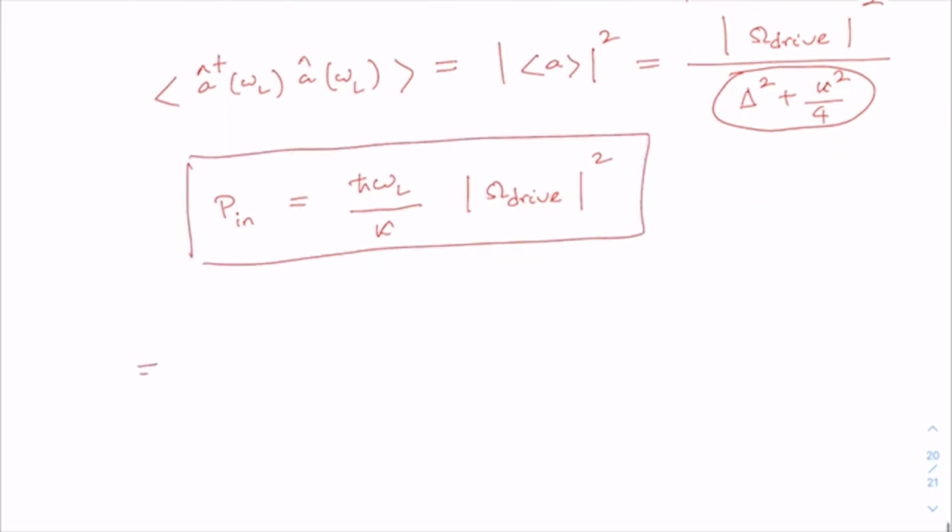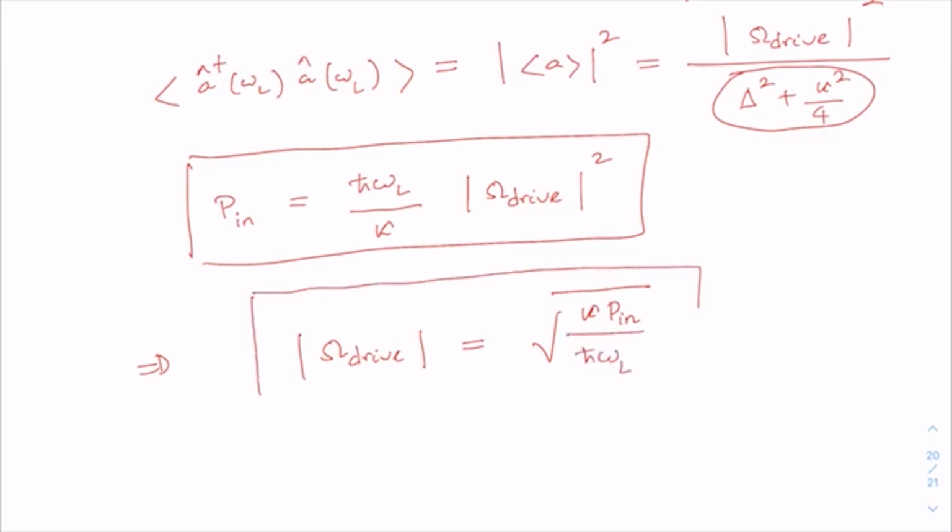From here we can write an expression for the laser drive amplitude. That would be mod of omega drive is equal to square root of kappa P in divided by h cross omega L. This is an expression which is worth remembering, and it will be useful for our discussion on cavity optomechanics in the next class.